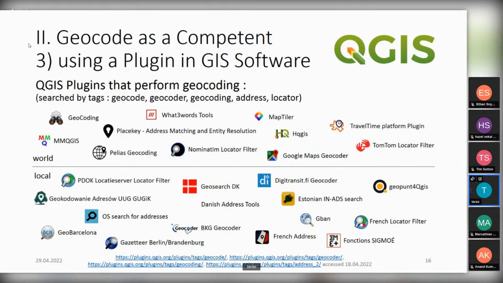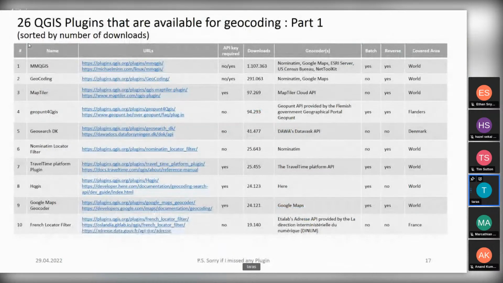This local coverage goes from country to country part to region or even a city, with the example of Barcelona. And actually there are 26 of them. In the next 3 slides, I'm offering you a possibility to view and analyze all the geocoders that I collected, the 26 of them.